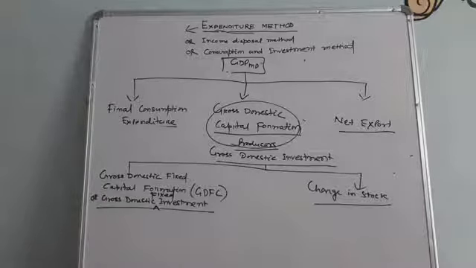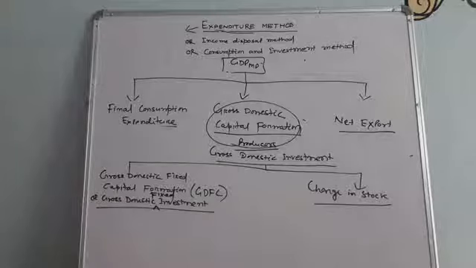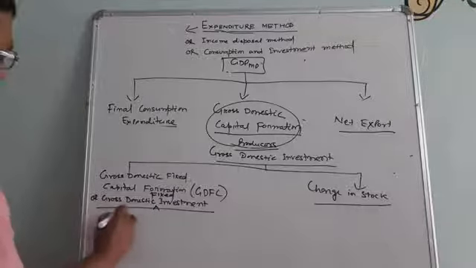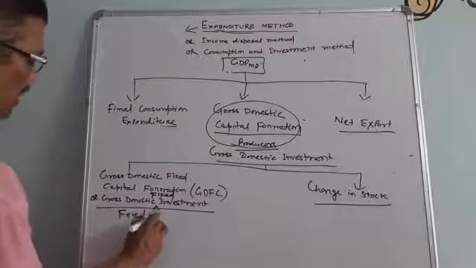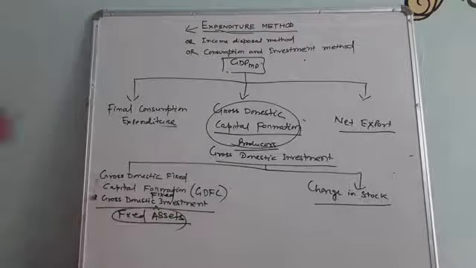As a commerce student, you know very well there is fixed capital. Fixed capital means land, building, machinery, etc. So these are the purchases of fixed assets. This is called gross domestic fixed capital formation.